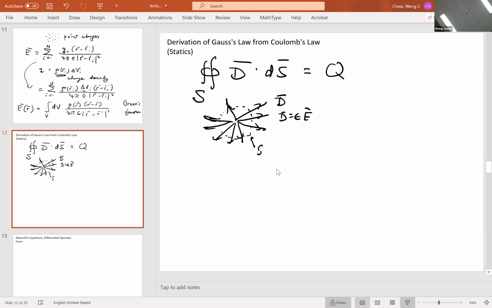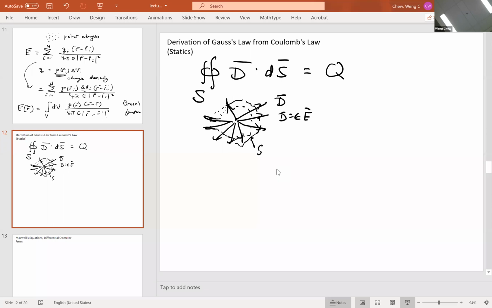But let me be imaginative and argue that this is irrespective of the shape of the surface S that I'm integrating over. Let me distort this surface S a little bit. Take another surface S that looks different from the original surface, which was very nice. It was a spherical surface. Everything was symmetric. You can do the integration very easily.